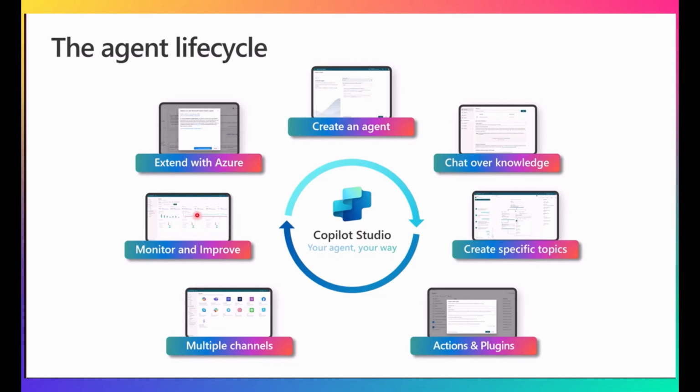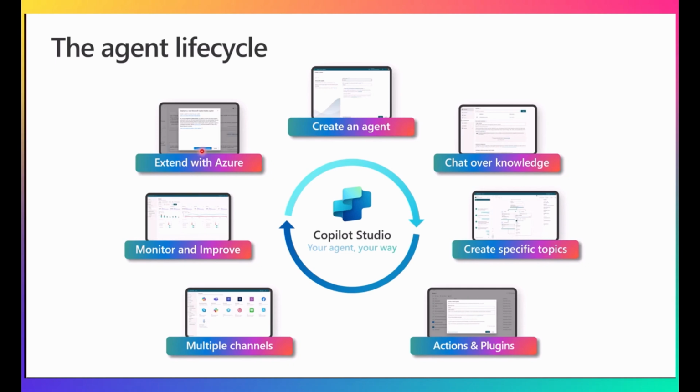Once your agent goes live, to keep it effective, that's where monitor and improve comes in. Using detailed analytics and feedback, you can identify areas for improvement and fine-tune your agent for maximum efficiency. Finally, extend with Azure.